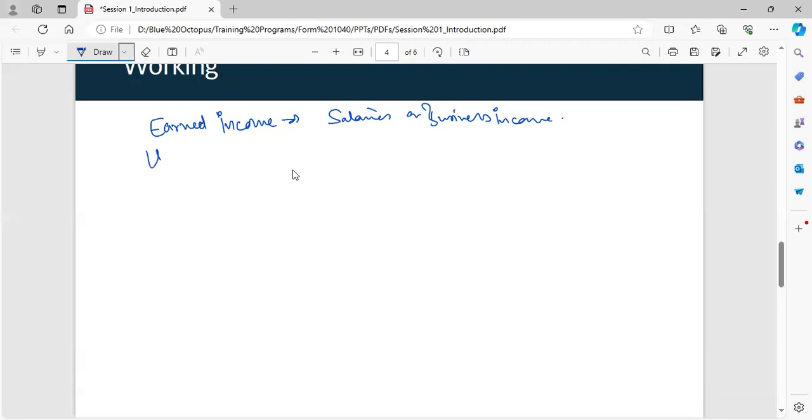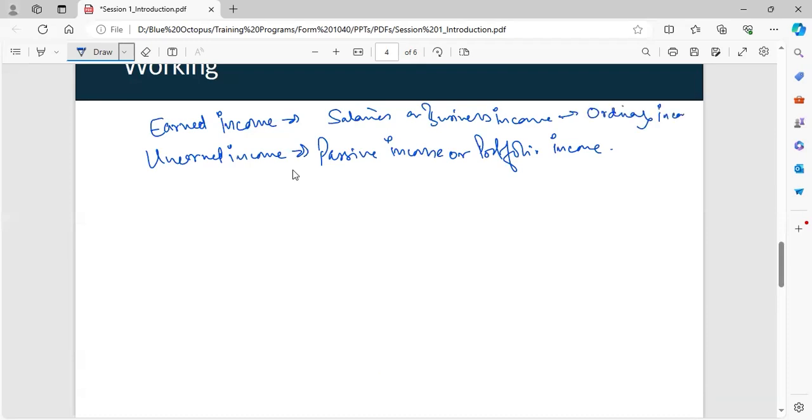Unearned income, on the other hand, is a passive income, you can say, passive income or portfolio income. Earned income is ordinary income, and unearned income is passive or portfolio income.